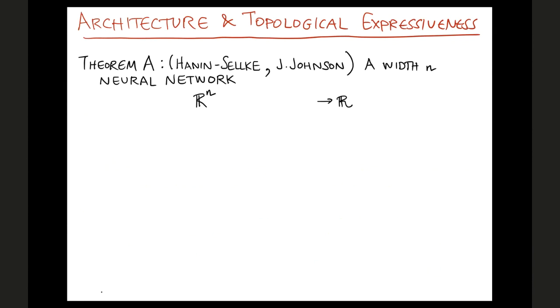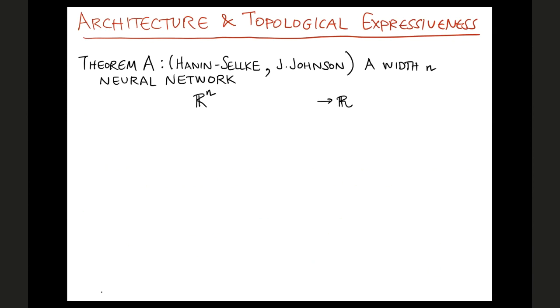Now let me give you a negative result, which was proved just within the last couple of years. By Jesse Johnson, for a very wide class of activation functions, and then Hanin and Sellke independently, but with a very similar idea, just for ReLU neural networks.